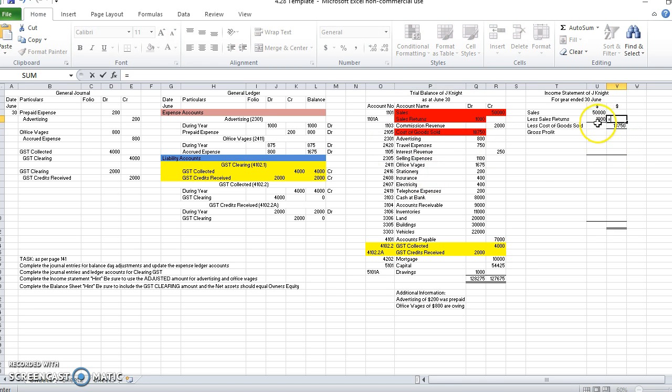We'll get a subtotal here. Sales less sales returns is 49,000, less our cost of goods sold gives us our gross profit. Our gross profit is 30,250.